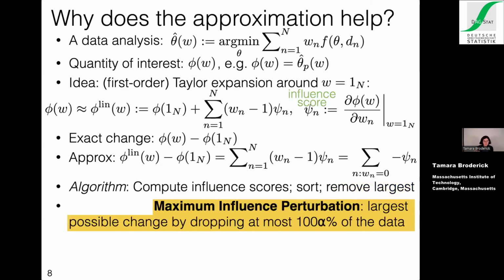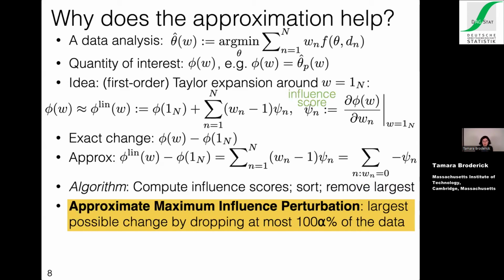So let's recap. We wanted to compute the maximum influence perturbation. What is the largest possible change that we can get by dropping at most alpha fraction of our data? So now we're going to compute the approximate maximum influence perturbation. In particular, we'll remove the largest influence score, then we'll remove the second largest influence score, and we'll keep doing this until we've dropped at most 100 alpha % of our data, and then we'll ask what is the change that we got.